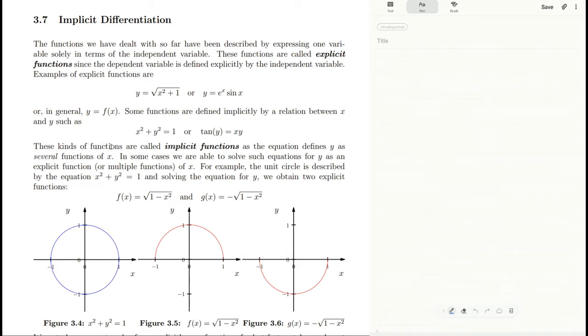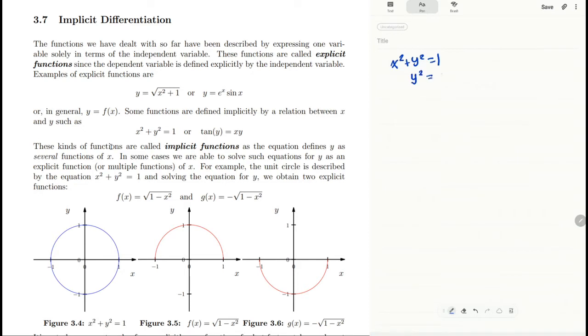Now in some cases, we can solve the equations for y as an explicit function or multiple functions of x. So for example, the equation x squared plus y squared equals 1 is the unit circle. And for this case, we can solve for y.